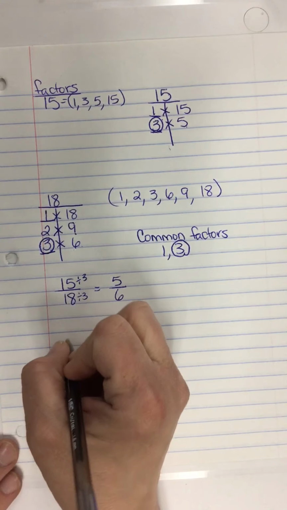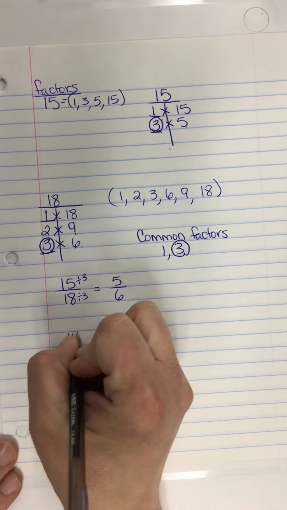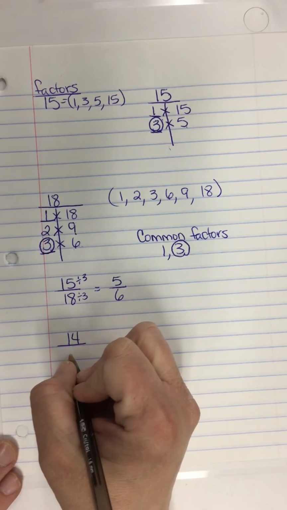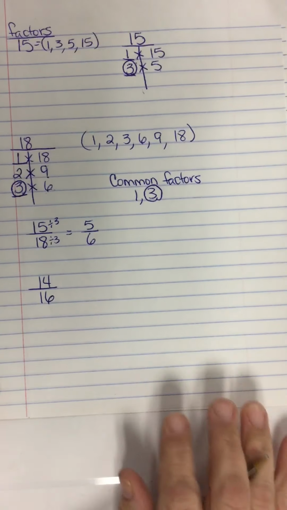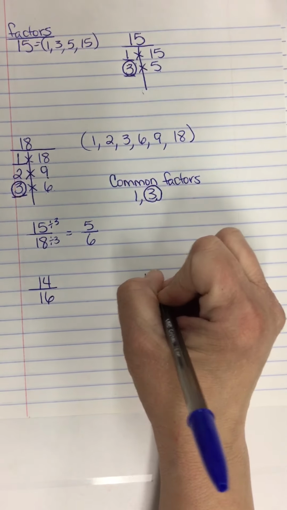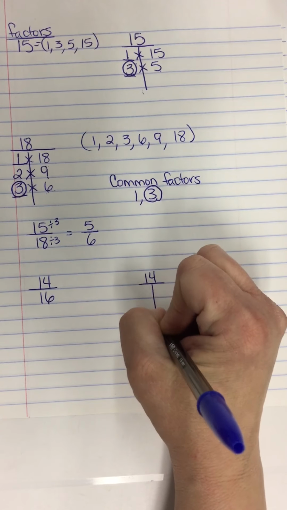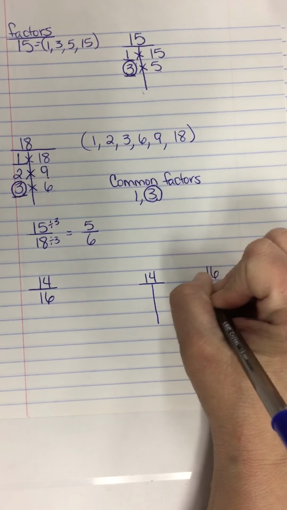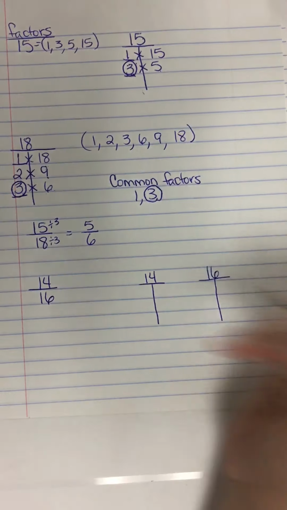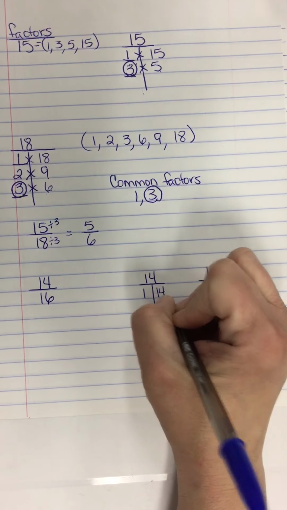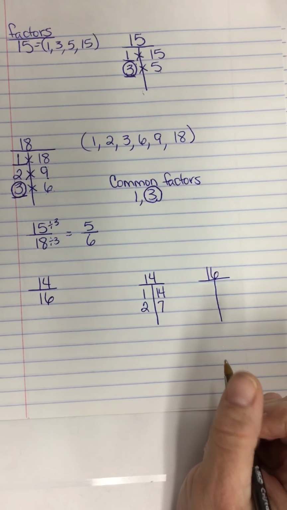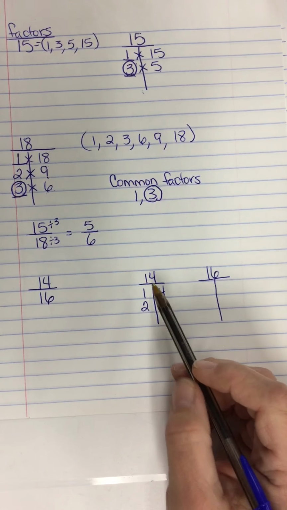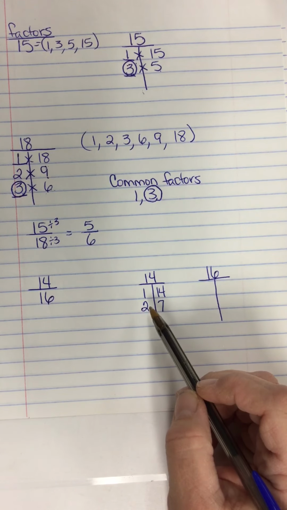All right, let's do something like 14 over 16. Okay, I'm going to do a T-chart for 14 and then a T-chart for 16. 1 times 14, 2 times 7, 3 times 4 is 12, 3 times 5 is 15.